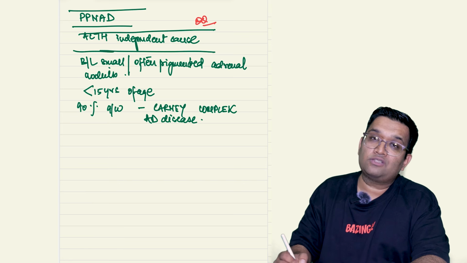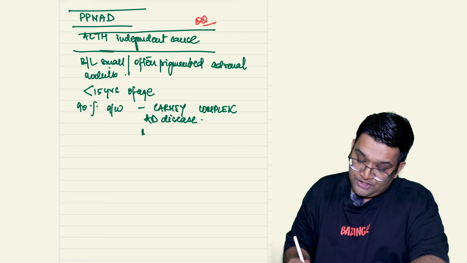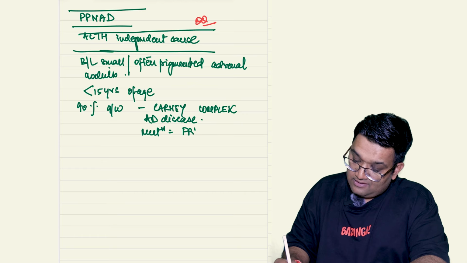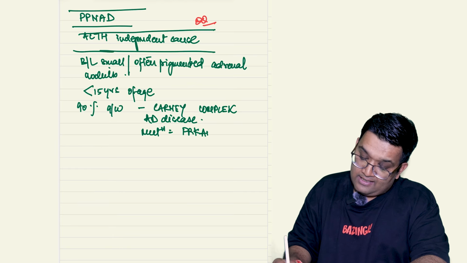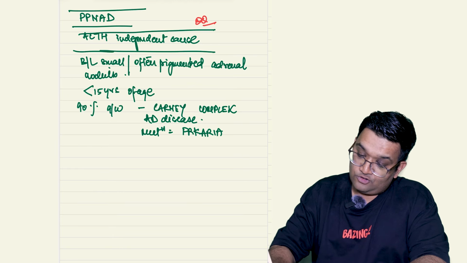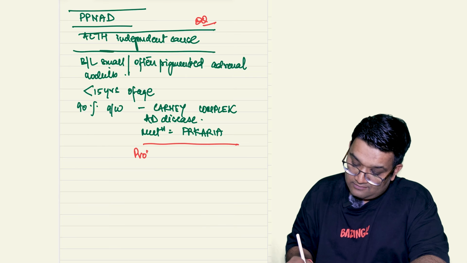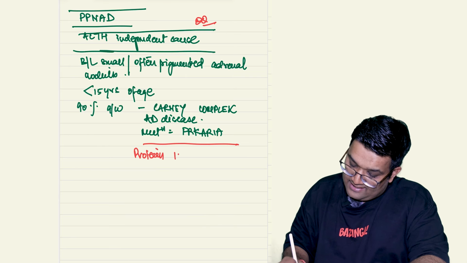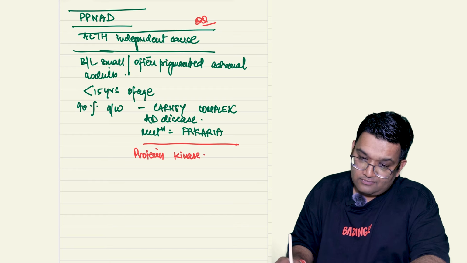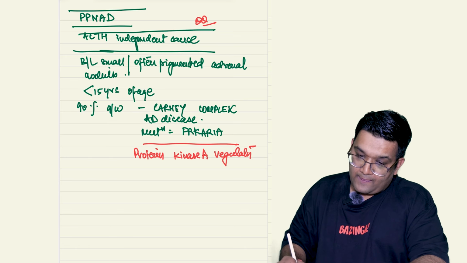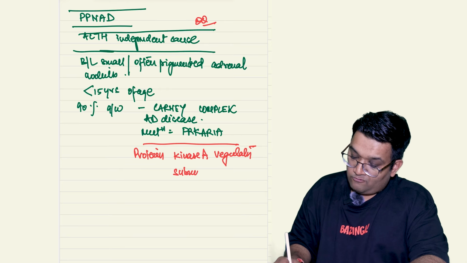It's a genetic cause with mutation most commonly in PRKAR1A. So what is this PRKAR1A? It is protein kinase A regulatory subunit 1A.